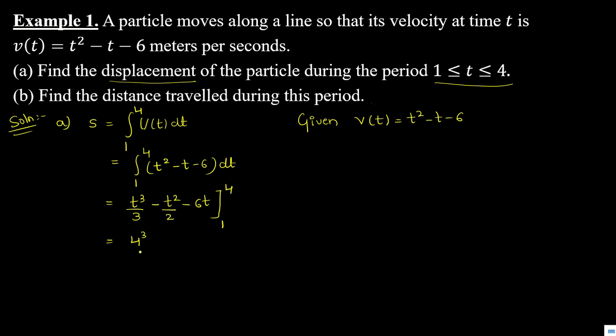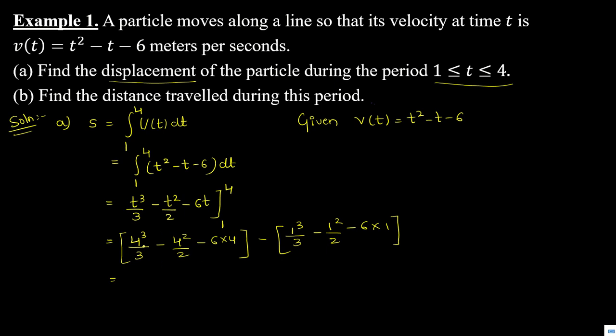So we get 4 cube by 3 minus 4 square by 2 minus 6 times 4, upper limit, minus the lower limit, that is 1, where t will be replaced by 1: 1 cube by 3 minus 1 square by 2 minus 6 times 1. Now simplify this.